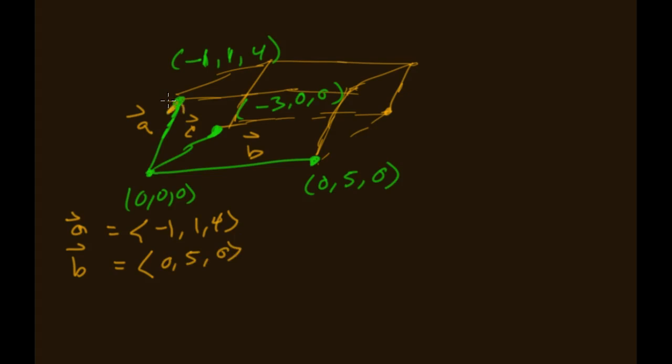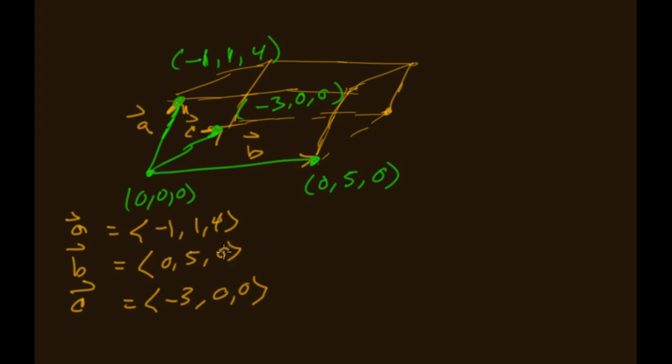So these vectors are going in this direction. And the vector C is going to be -3, 0, 0. Okay, so I've inadvertently made the bottom a rectangle. That's okay. We'll work with it.